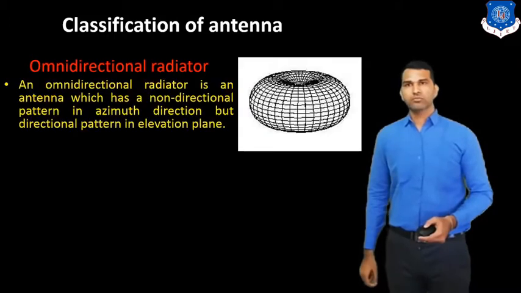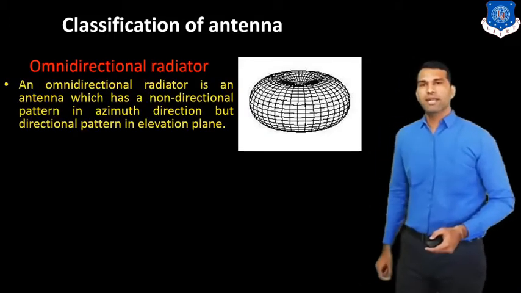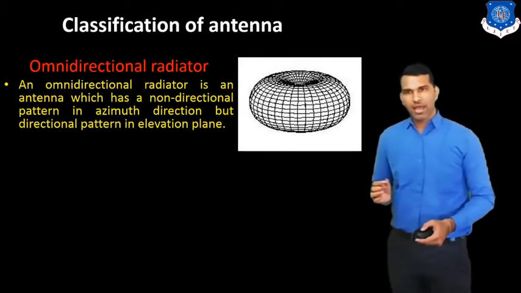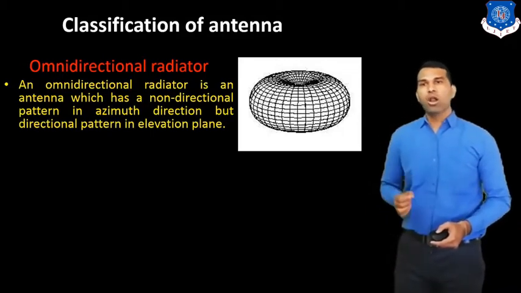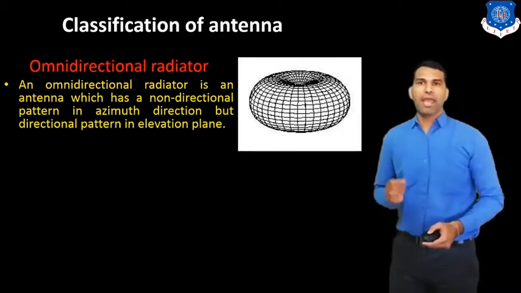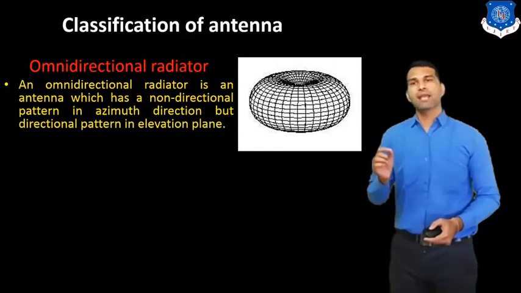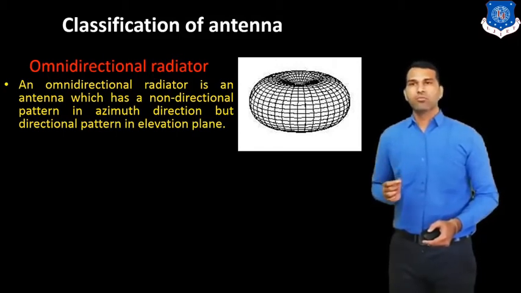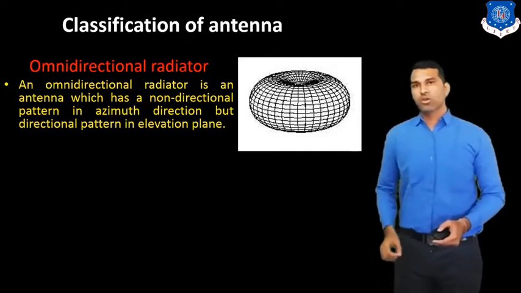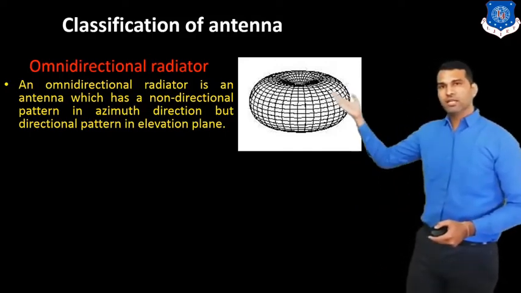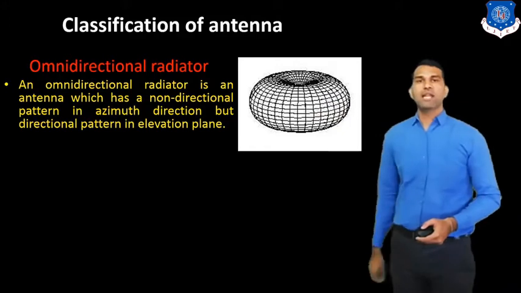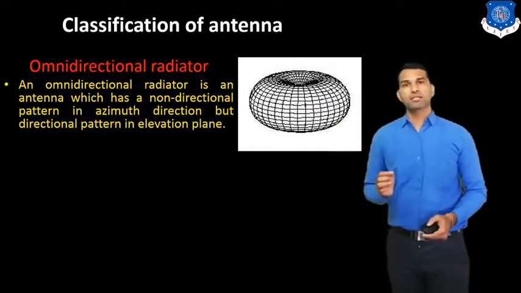An omnidirectional radiator is an antenna which has a non-directional pattern in azimuth direction but a directional pattern in the elevation plane. So here this is the radiation pattern of the omnidirectional radiator, or omnidirectional antenna.